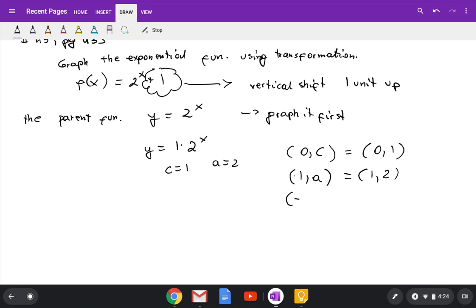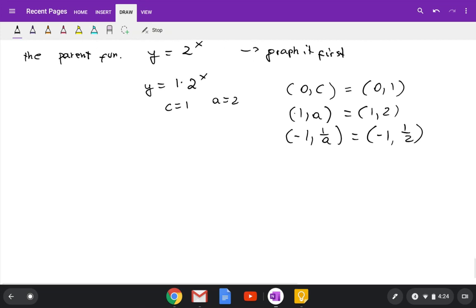And negative 1, comma 1 over A, in our case it's negative 1, 1/2. So you will graph this basic exponential graph: 0, comma 1, then 1, comma 2, and negative 1, 1/2.